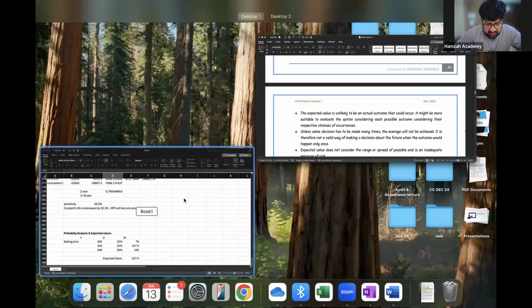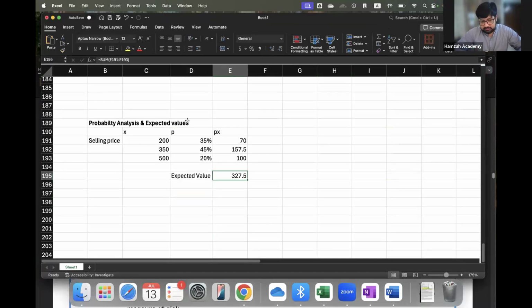Now, listen. Focus. Very important point. There is a 35% chance that 200 will occur, 45% chance of 350, and 20% of 500. There is no option of 327.5, not a single option. This expected value does not occur in any case. Either this will occur, or this, or this.